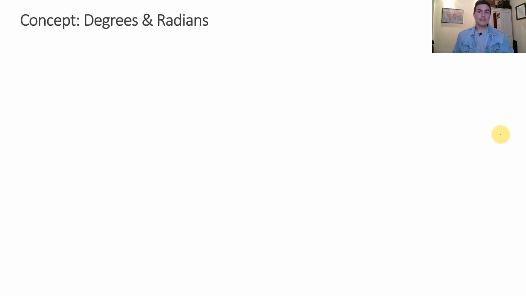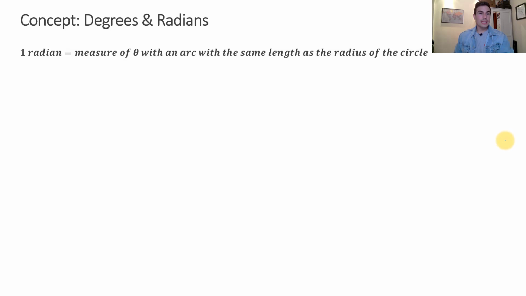All right, let's take a look now at degrees and radians. We need to understand the definition of a radian. A radian is the measure of an angle when our arc is the same length as the radius of the circle.